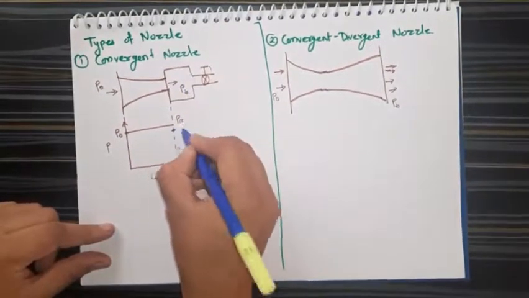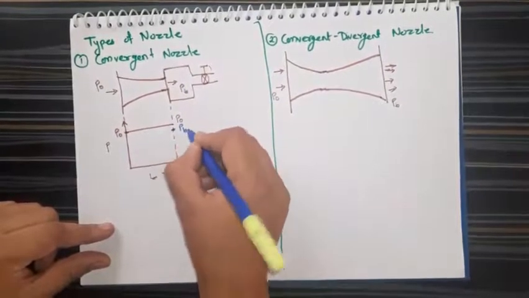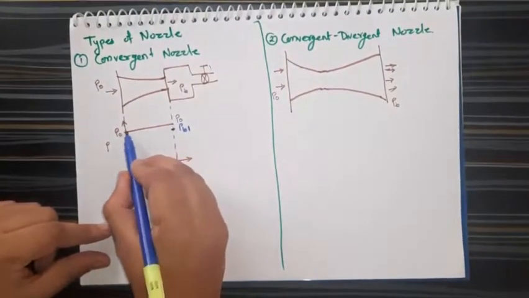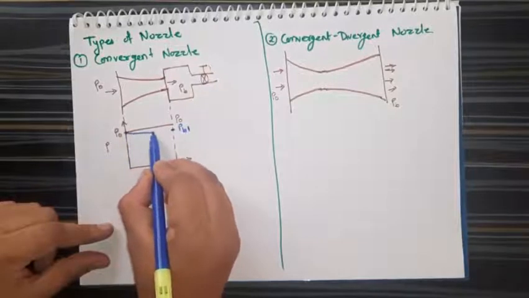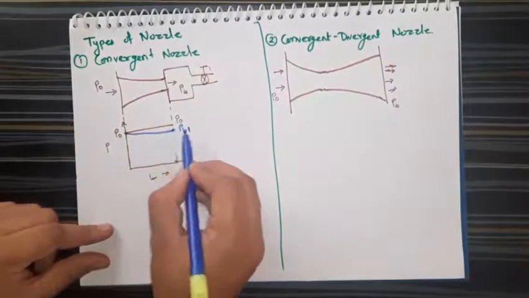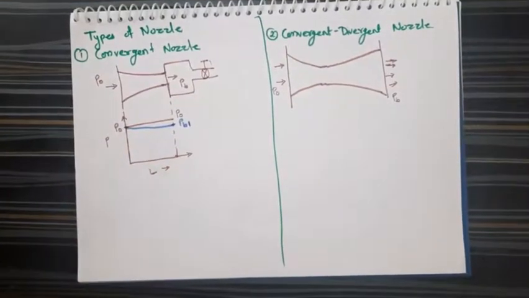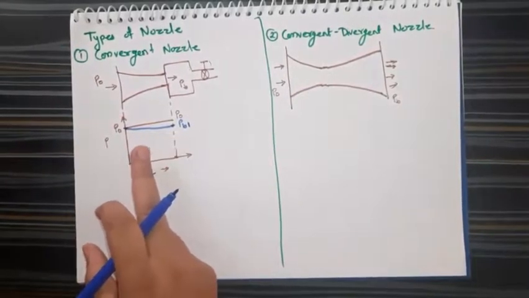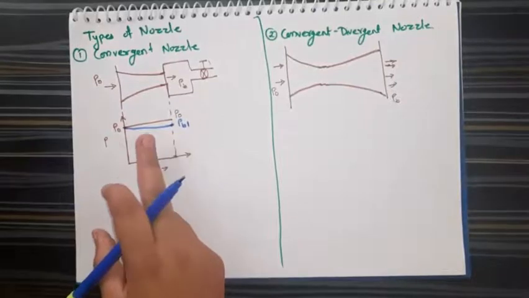Let's say it has dropped to PB1. So this P0 pressure will drop till it reaches this PB. When it is dropping down, you will observe the flow of the fluid, that means an increase in the velocity.